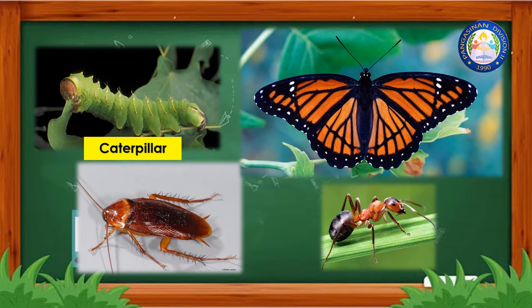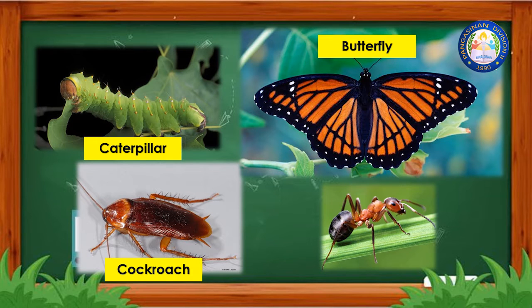Anyone? You're correct. It is a butterfly. Then the third one is a cockroach. Very good. Then the last one is an ant. Correct.